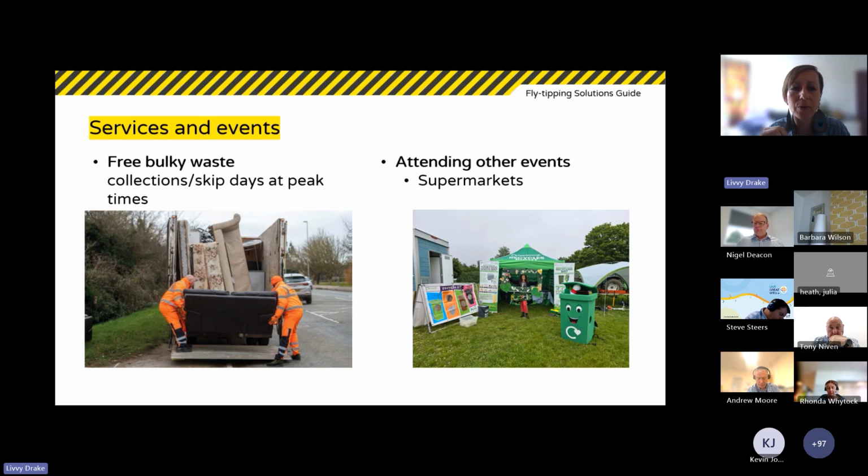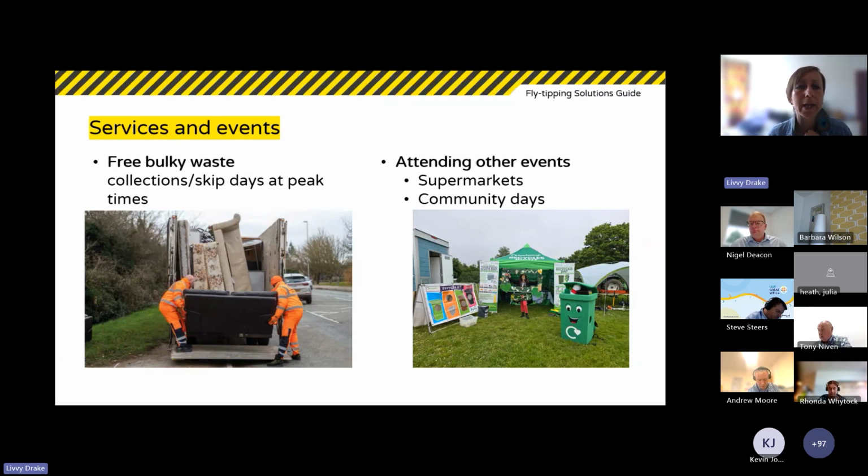And what they found from that is that they are having much more engagement and people are interested. They're asking questions, oh, well, what do I do with this material? Because it's at the right time when people have got the headspace for it, or they're out and about, rather than expecting people to come to them.